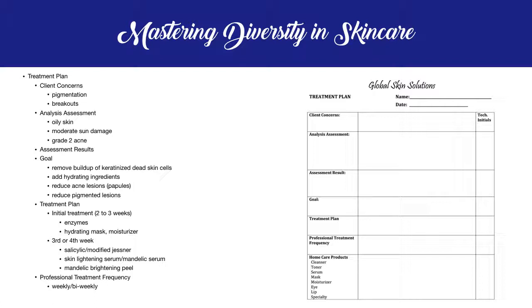Now, I really want to emphasize the importance of doing a skin analysis every single time that person comes in. And when I say a skin analysis, I should say a visual assessment. Because you may have a treatment plan in step 1, 2, 3, 4, or whatever you have down.